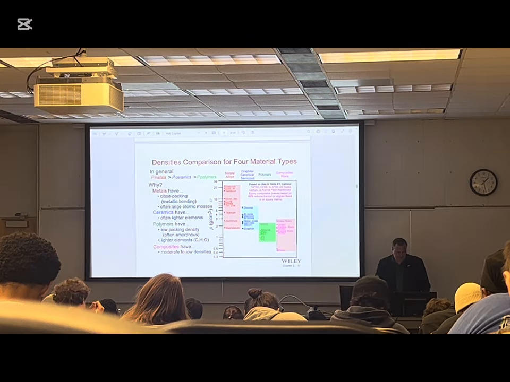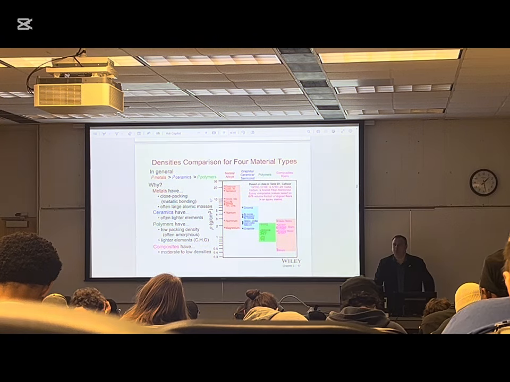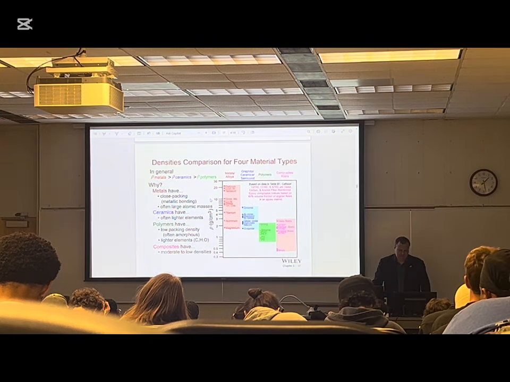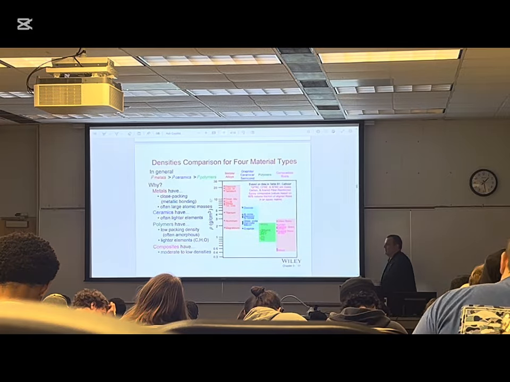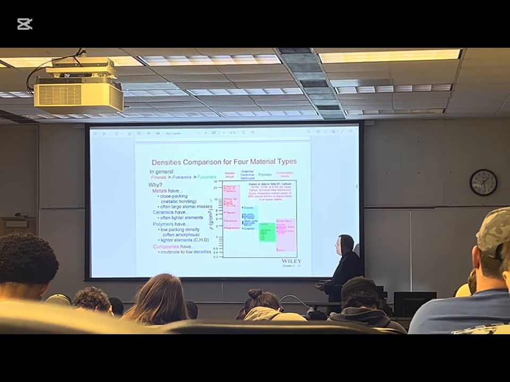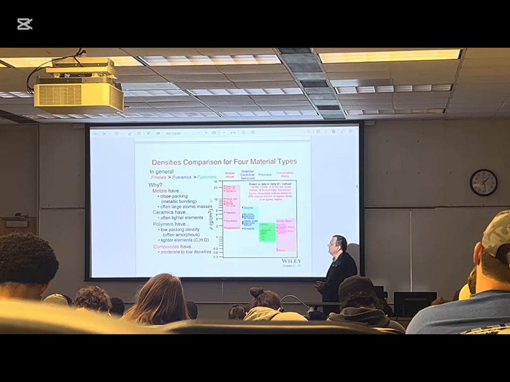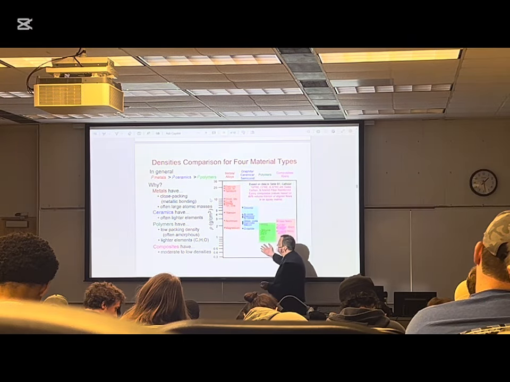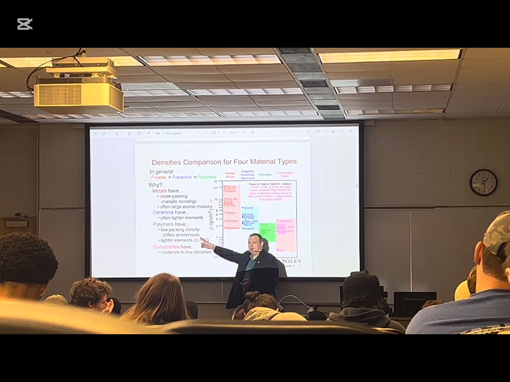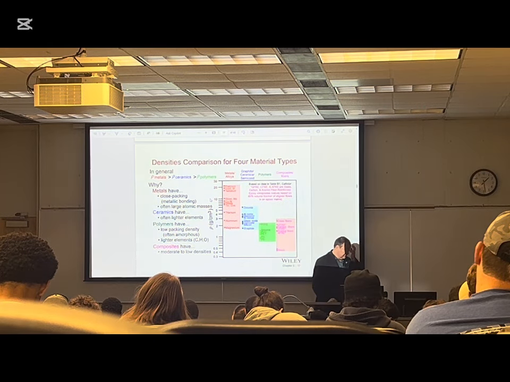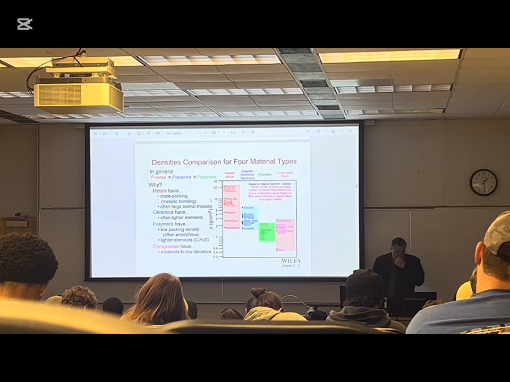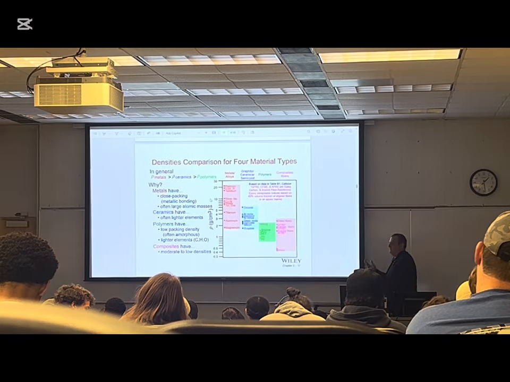Please remember that the atomic mass is given per mole. Also, ceramics have lighter elements like oxygen or carbon. And polymers are lower density because very often they are amorphous, and also they have lighter elements like carbon, hydrogen, and oxygen. And composites are a mixture.